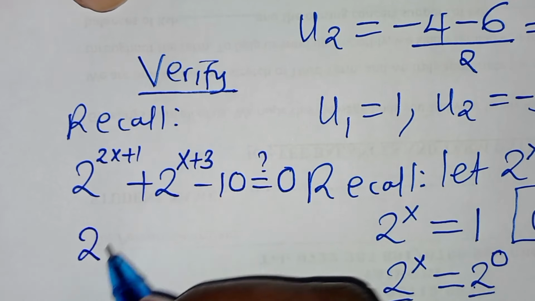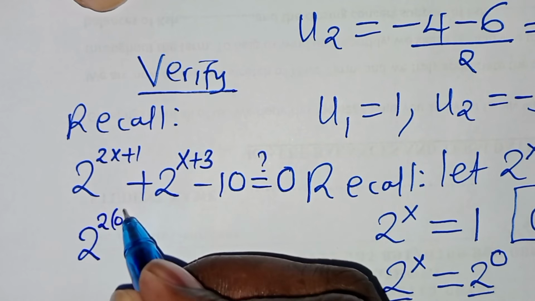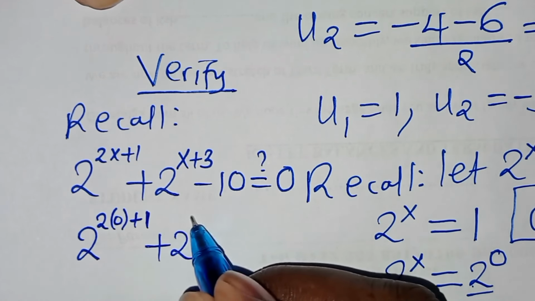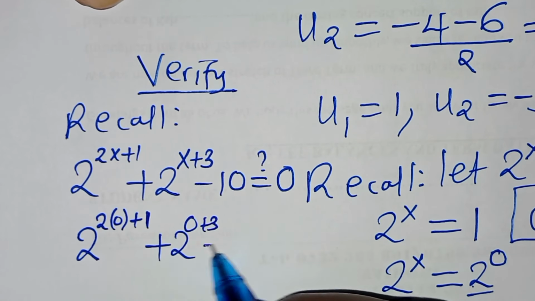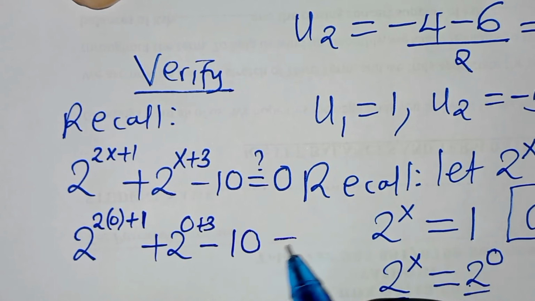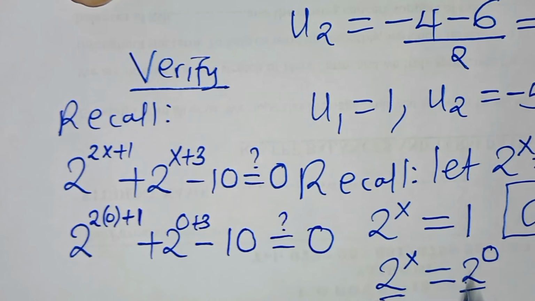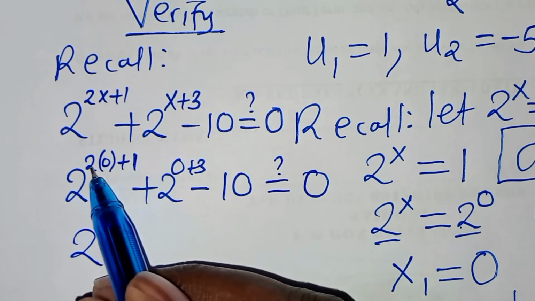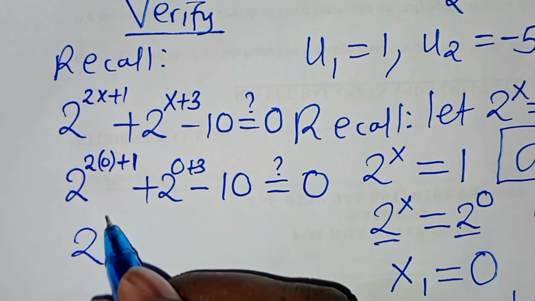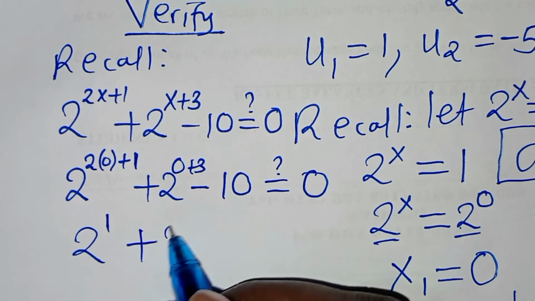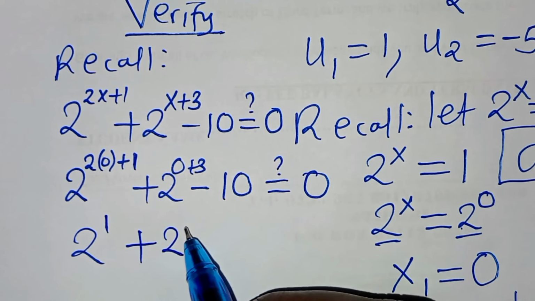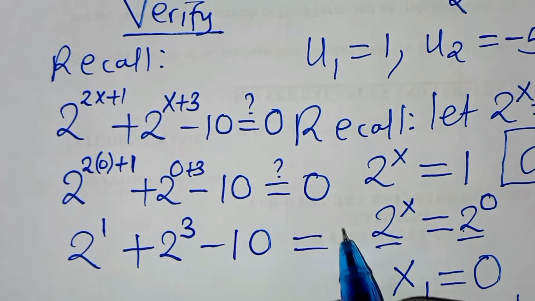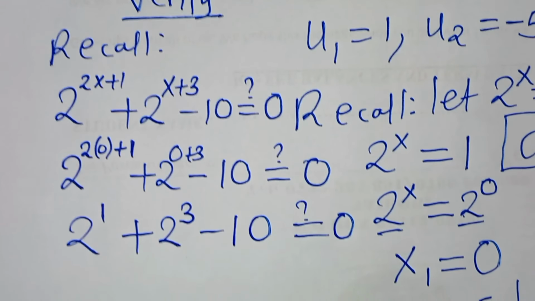So we have 2 to the power of 2 times 0 plus 1, then plus 2 raised to power 0 plus 3, subtract 10. This should give us 0. So this is 2 to the power of 2 times 0, this is 0, plus 1, this is 1. Then plus 2 raised to power 0 plus 3, this is equal to 3. Minus 10.